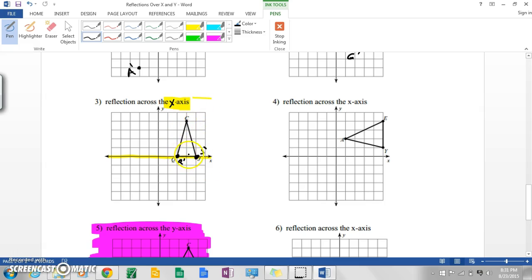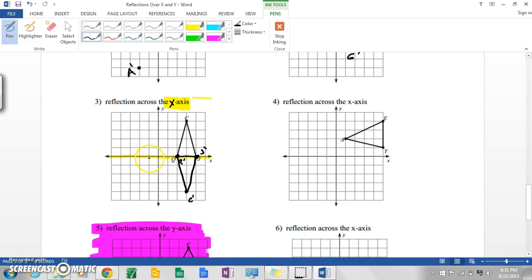Our C still would. We're going to start at the line of reflection. We're going to count up 1, 2, 3, 4. 1, 2, 3, 4. We're going to call that C prime. I can connect from here and I have my reflection.